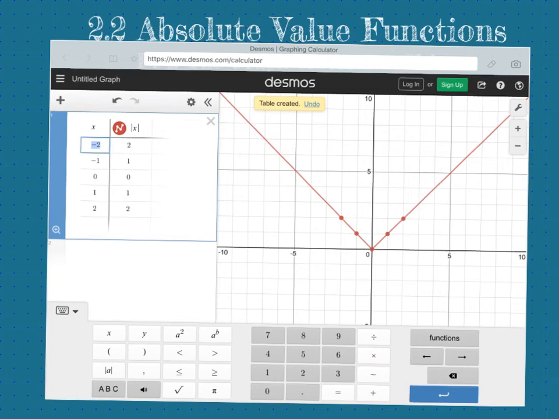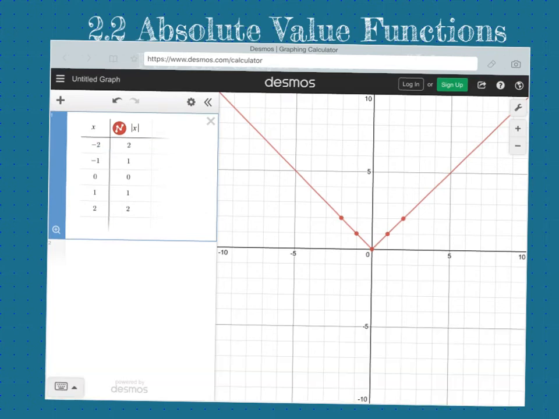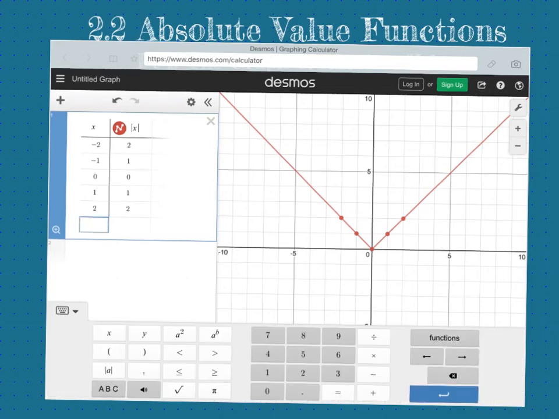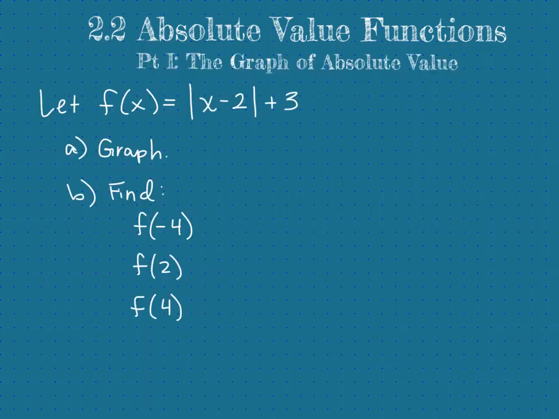So we can easily plug values in, and there's already a decent amount of values in here, but if we wanted to plug another one in, down here I could plug in negative 100 or negative 114, whatever we want. And then it'll give us our output. So that is an extra thing you can do on Desmos, the table function.